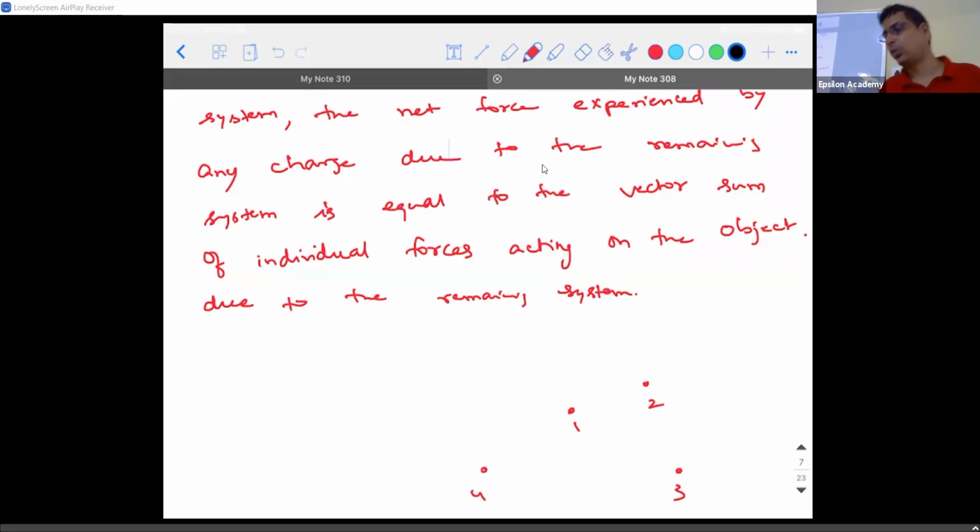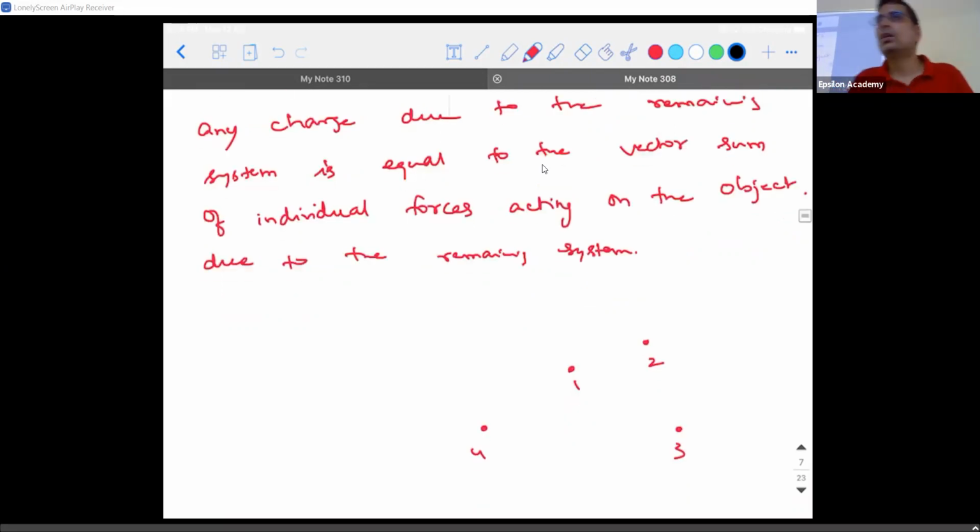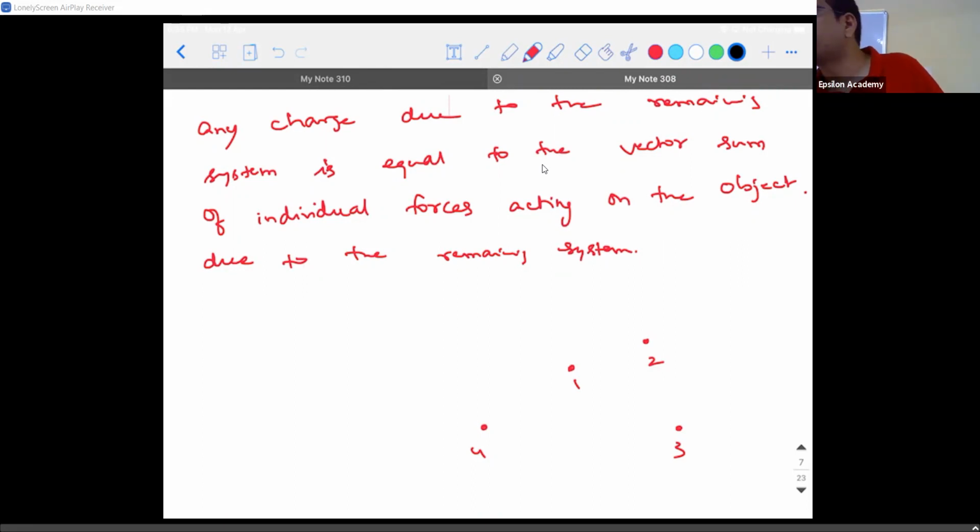So let's try to visualize what they are trying to say. If I am interested in finding the force experienced by the first charge, this is a 4 particle system. That particular charge is going to experience force due to the remaining 3 particles. The force on the first particle due to the second is along the line joining them.